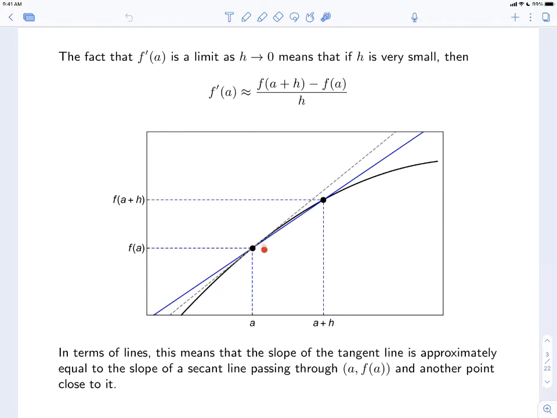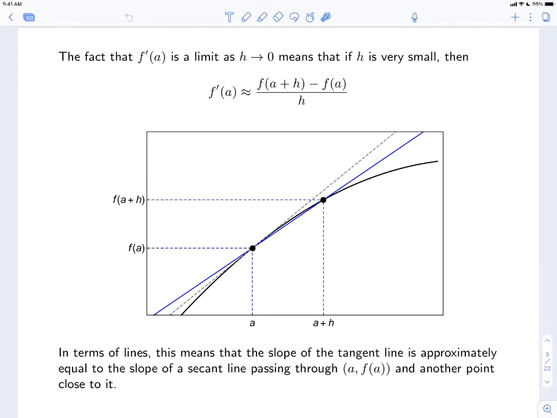So this point right here has coordinates a, f at a, and then we imagine that h is a small number, so you increment a by a small amount to a plus h, and this is the x-coordinate of another point on the curve. So on the curve, you have a point with x-coordinate a plus h and y-coordinate f evaluated at a plus h.